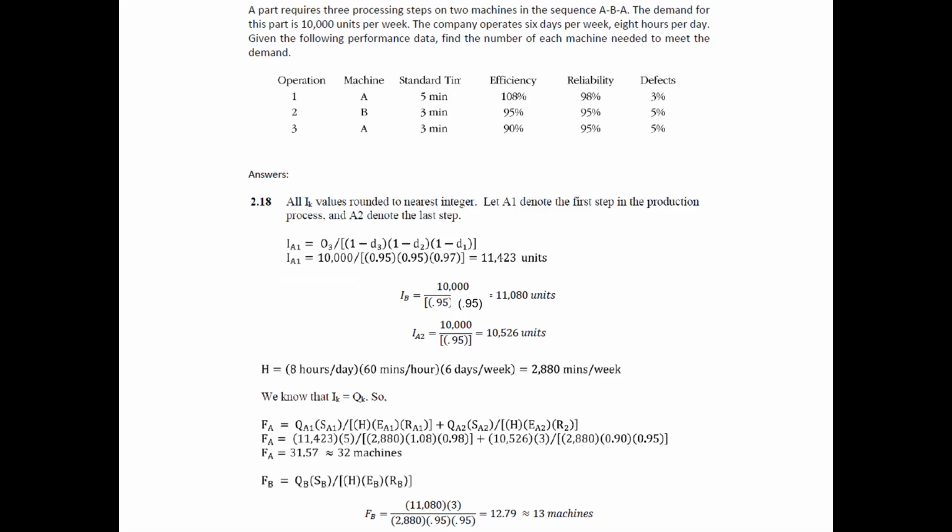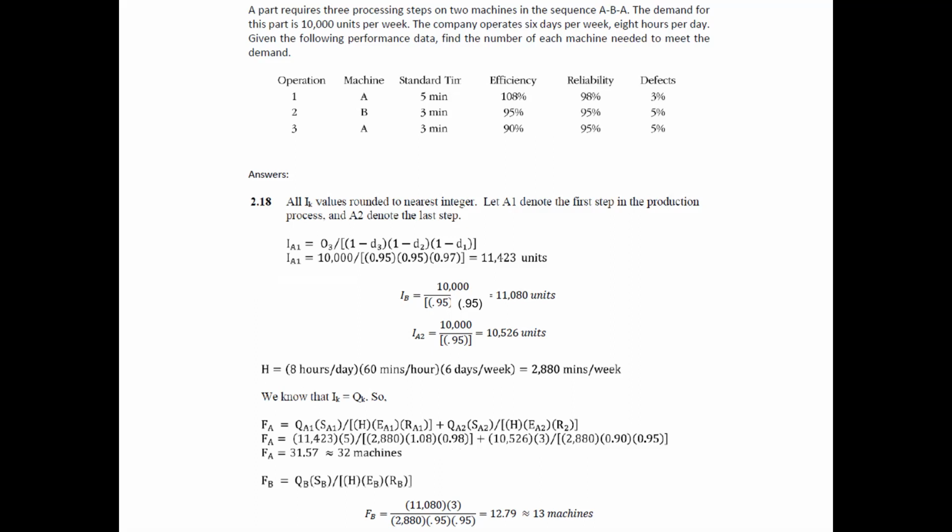Knowing this, we can solve for the number of machines needed, type A, which is the first line here. There is a summation, one term for operation 1 and one for operation 3. We have the input required for operation 1 and operation 3, and we sum those two because they have the same type of machine.